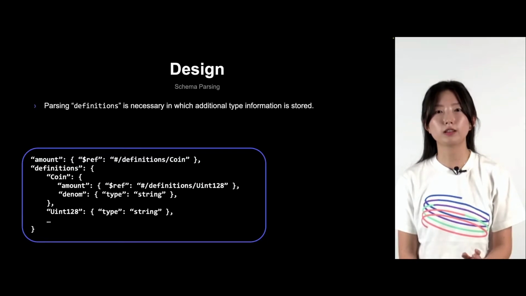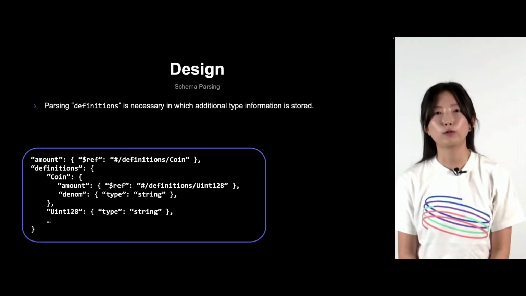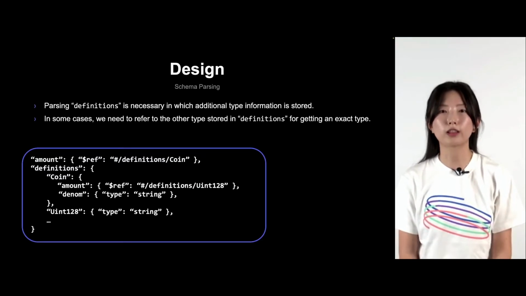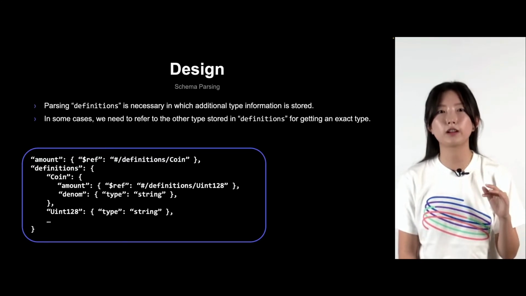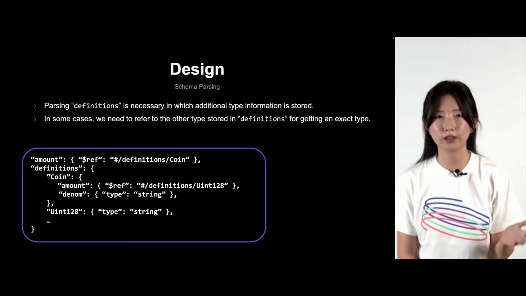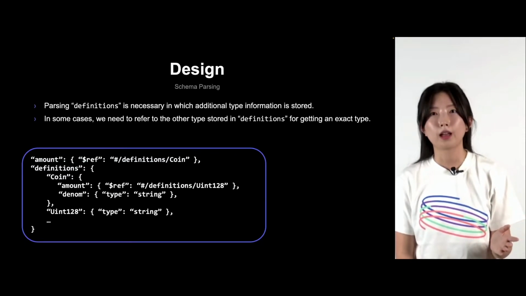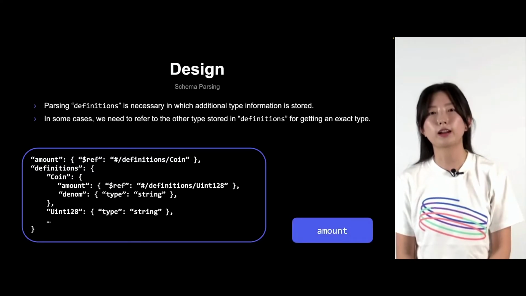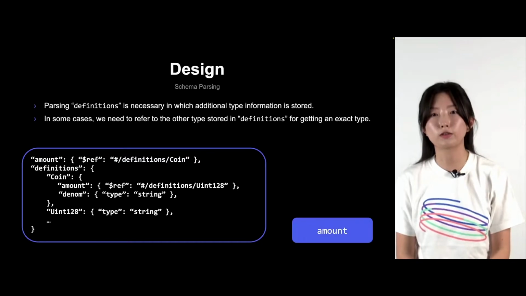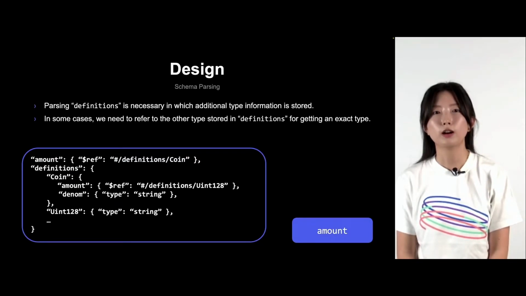And in order to do the type parsing, you have to consider the field called definitions also. The type information is shown in reference format, so what is defined in the definitions must be referenced. Of the types defined under definitions, you have to find the other types in the definitions field so that you know exactly which type it is.